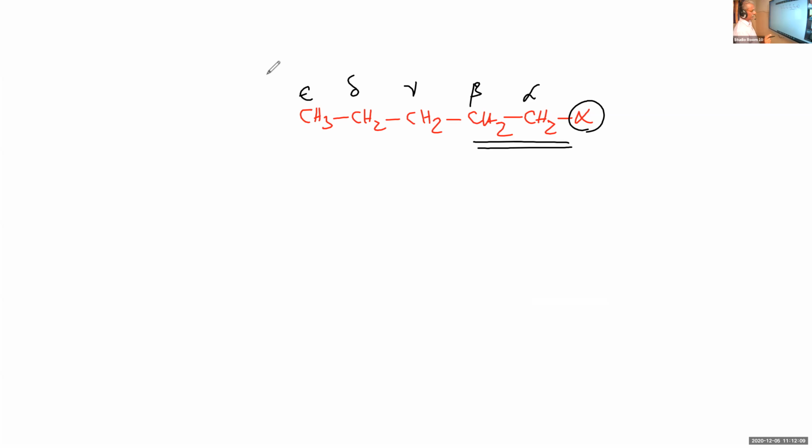Agreed? See, this is our alpha carbon, and so here there are alpha hydrogens. Similarly, here there are beta hydrogens also, because there is a beta carbon, and on the beta carbon there is hydrogen, and that hydrogen is beta hydrogen.